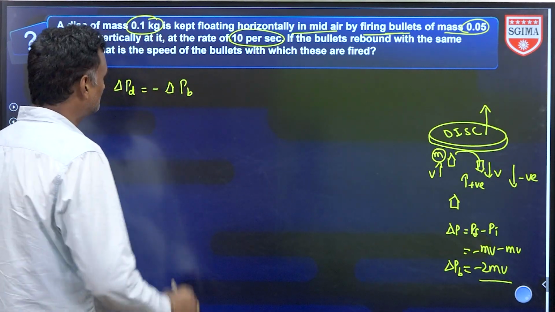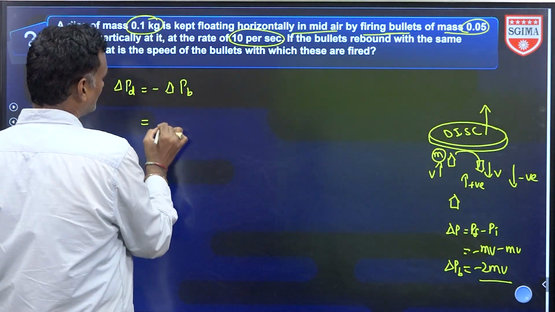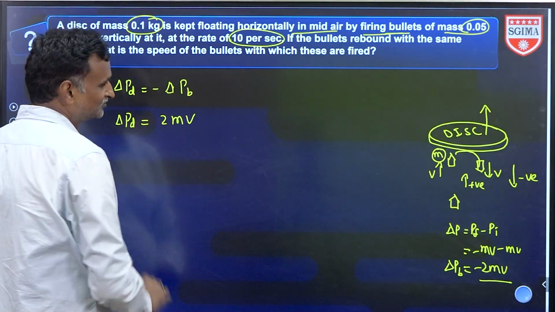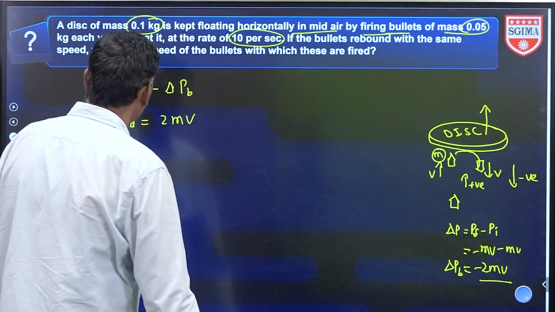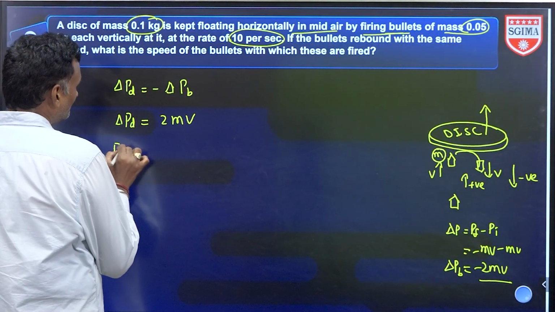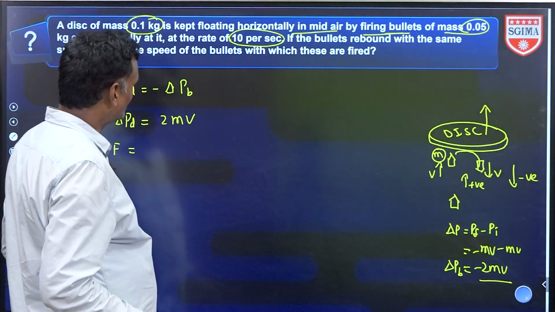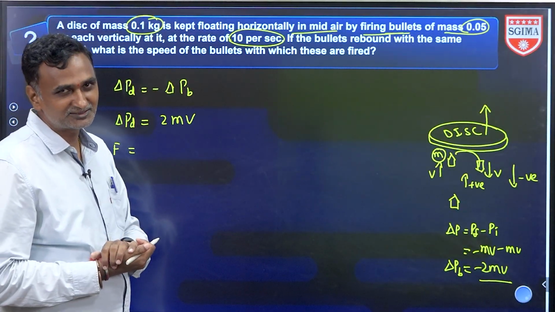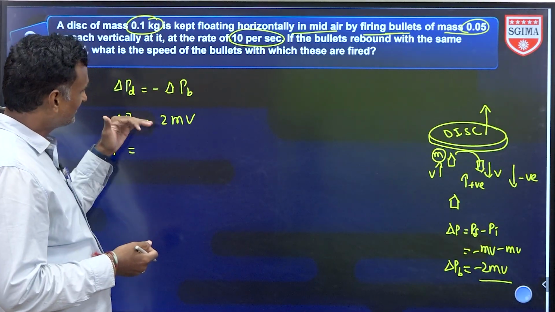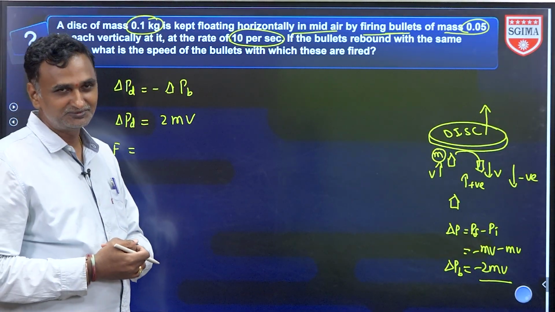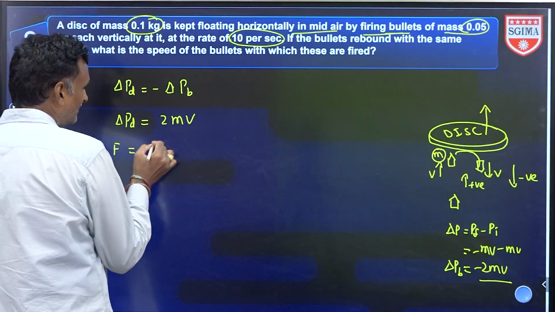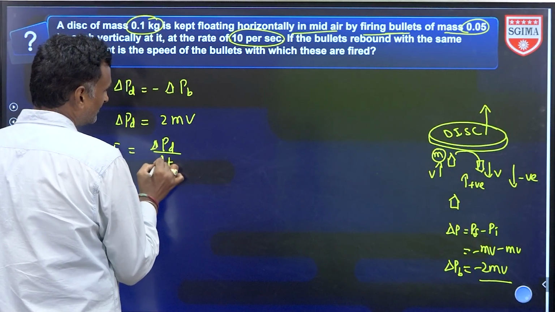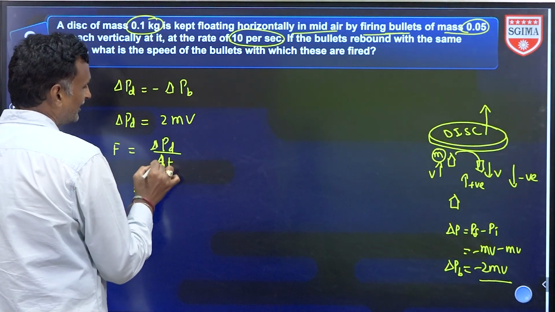So we can write minus into minus, 2mv, as the change in momentum for the disc. Now coming to the point, force. What force is experienced by the disc, because this much change in momentum is imparted to the disc by the bullets firing? According to the second law, force is delta p by delta t, or dp by dt.